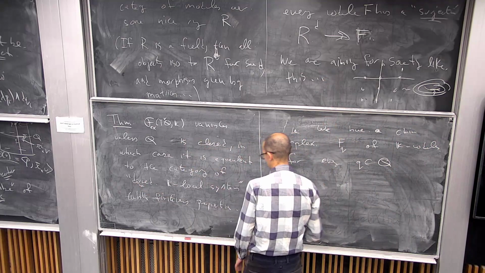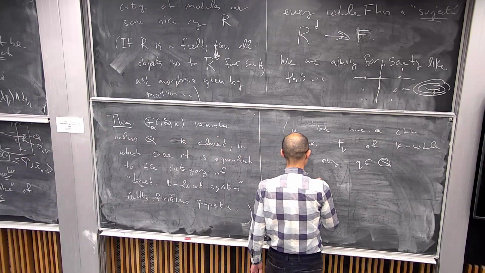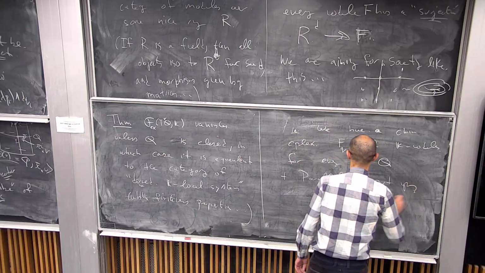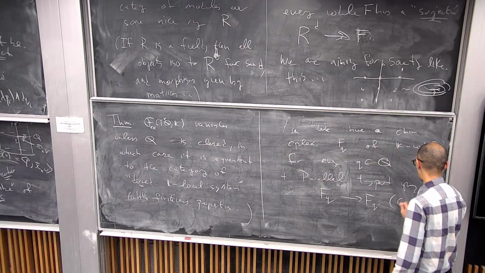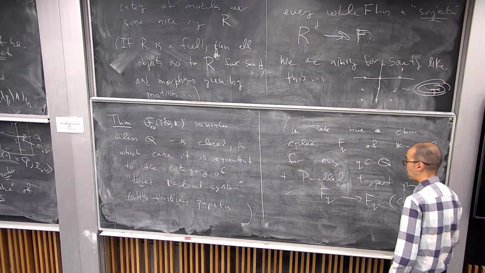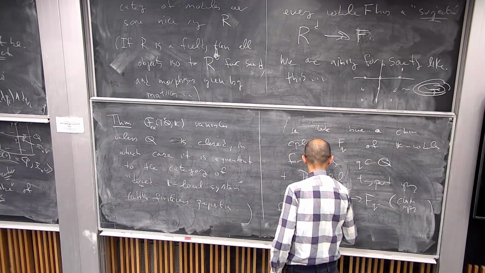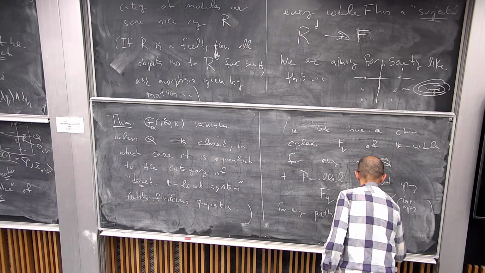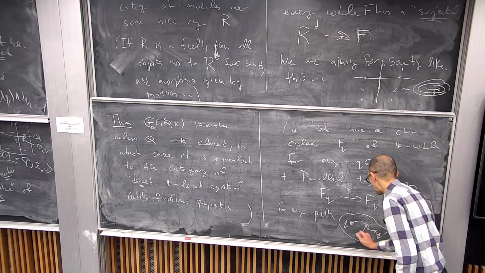That would be like a local system of K modules plus parallel transport maps FQ to FQ prime, which are chain maps for every path. And if we wanted an actual local system of chain complexes, then whenever you have three paths like this, you can concatenate.